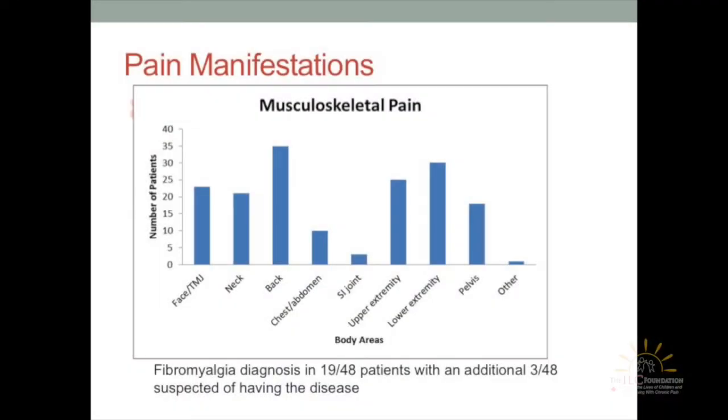The pain manifestations, I think, are arguably one of the biggest problems patients face. And when we looked at the different areas of pain for patients, the face, the temporomandibular joint, the neck, the back, the upper and the lower extremities were identified to be areas of pain in more than 40% of our patients. The interesting part is that fibromyalgia, which is also a chronic pain diagnosis, these patients have pain over their entire bodies, multiple trigger points.